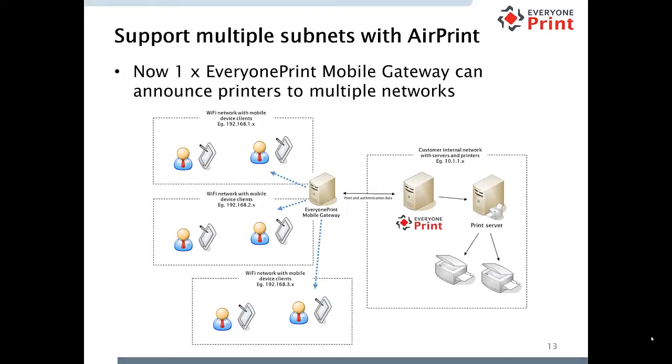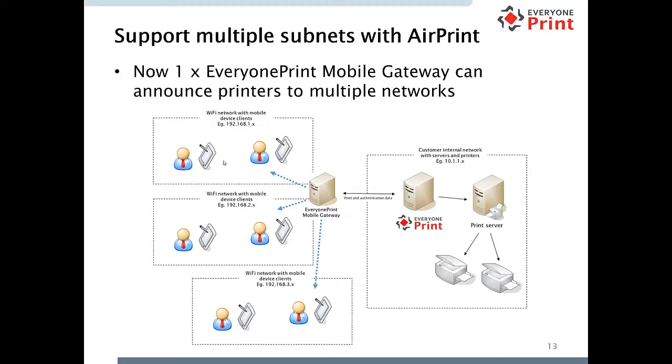So the last thing that I want to show in version 3.4 of EveryonePrint is how we can support multiple networks with AirPrint. In the previous version, this is a view of a common customer configuration where you have one network with some EveryonePrint servers, and you have your print servers and printers and so on.